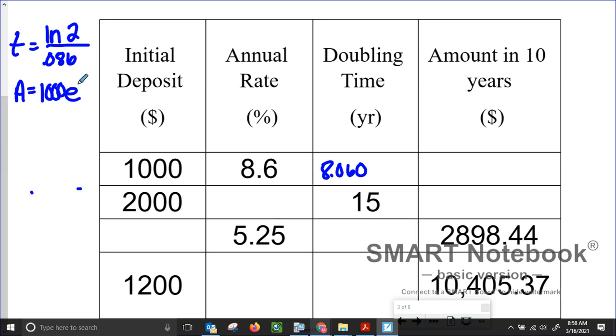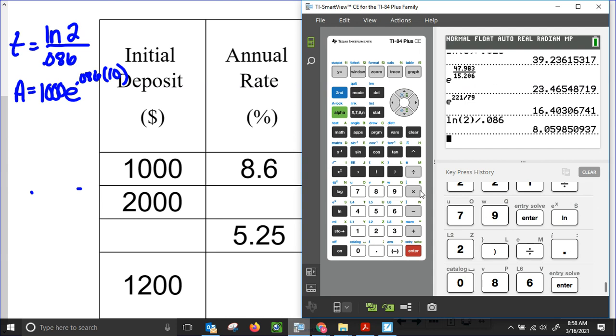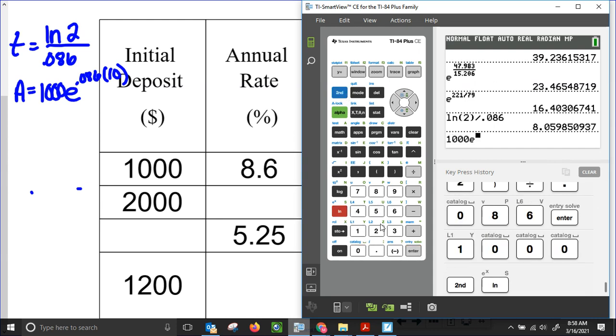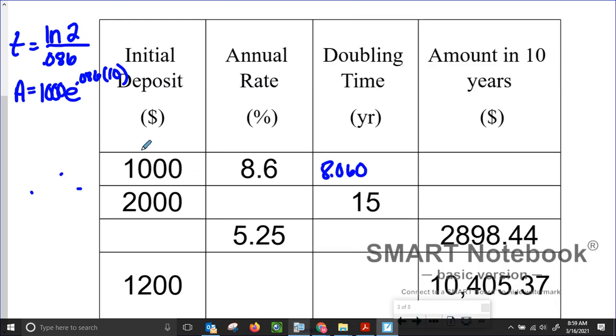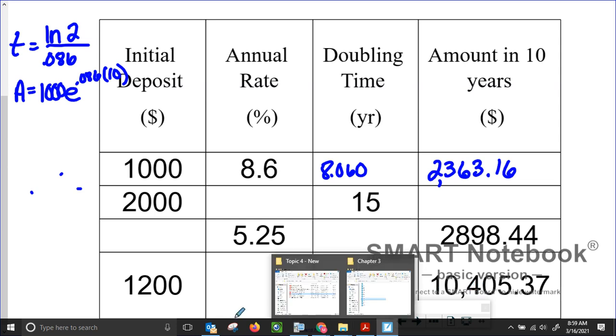Times e to the rt, so 0.086, and t, of course, here is 10. So all I have to do is plug that into our calculator: 1,000 times e raised to the 0.086 times 10, which gives 2363.16. All right, so we are good there.